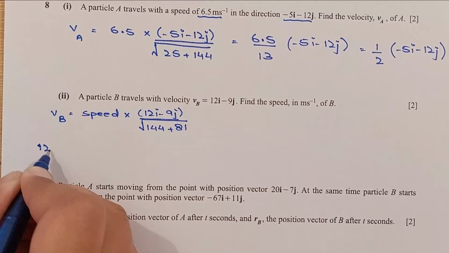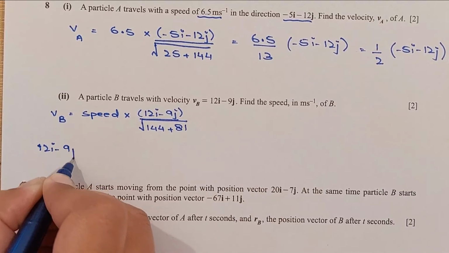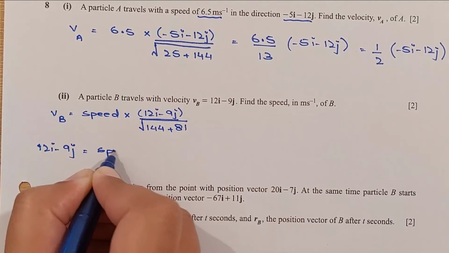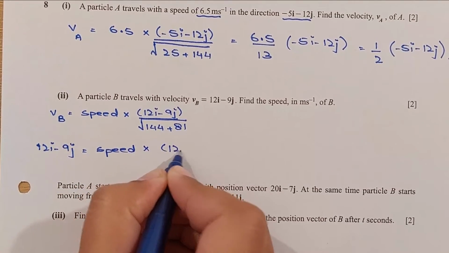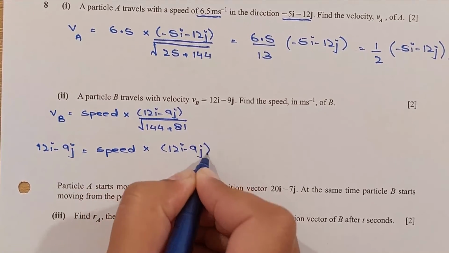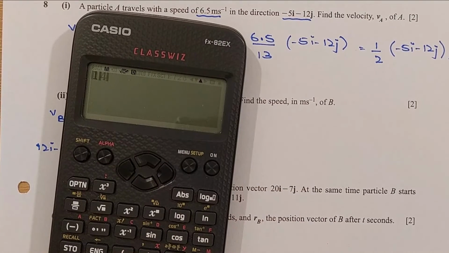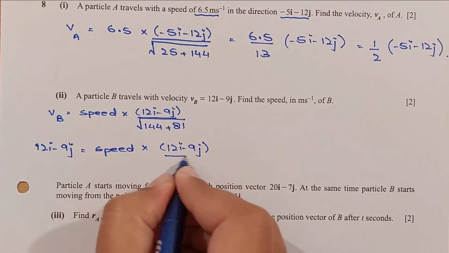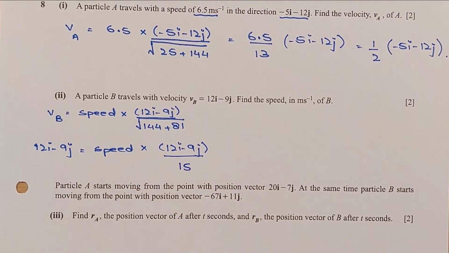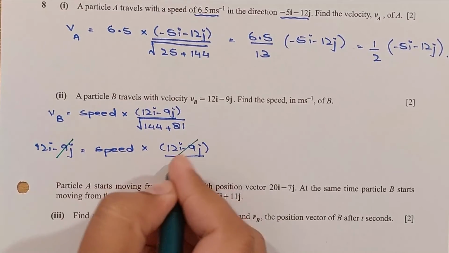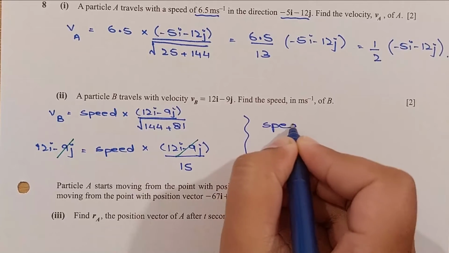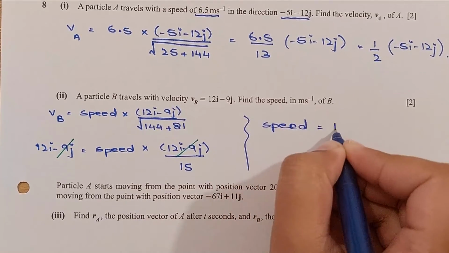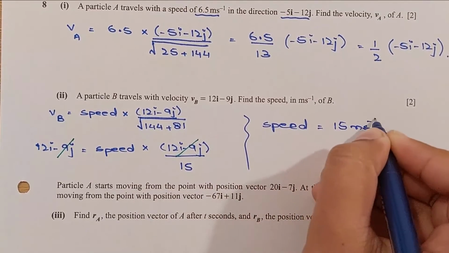So we can say 12i minus 9j is equal to speed, the same thing we are doing here, times 12i minus 9j over the square root of 144 plus 81, hence square root of 225 is 15. Right, so from here we can cancel the two vectors and solve for the speed. So speed is equal to 15 meters per second of B.